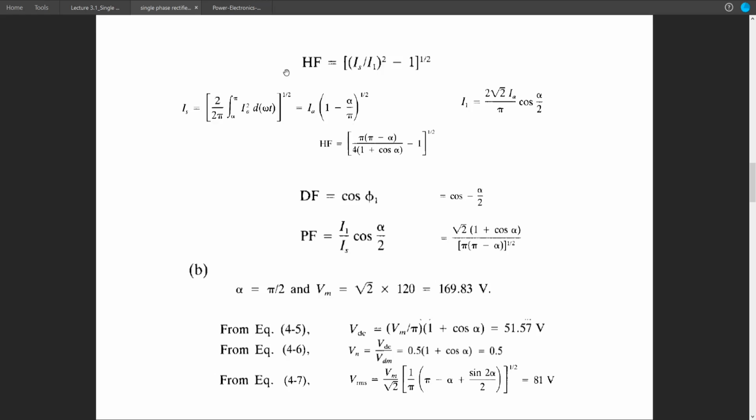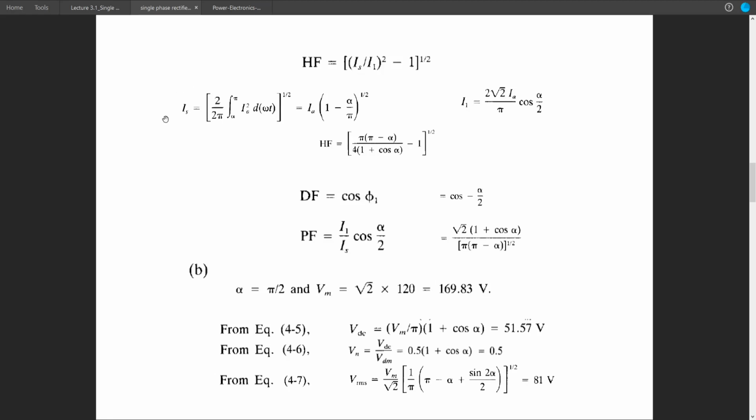So next we have to find the harmonic factor. The equation of harmonic factor is this. So if we put the value of Is and I1, we will get something like this. So what is Is? Is is the total RMS current, and I1 is the RMS value of the fundamental component.